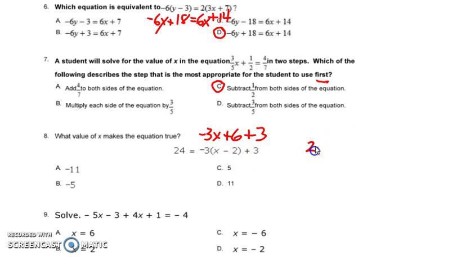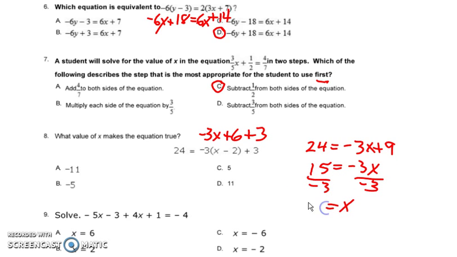So 24 equals negative 3x plus 9. Subtract 9 from both sides. 15 equals negative 3x. Divide by negative 3. x equals negative 5.